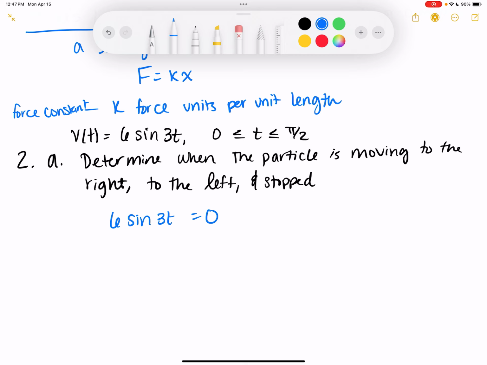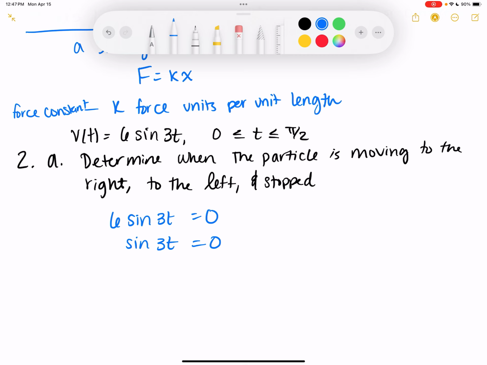So I'm going to say 6 sine of 3t is equal to 0. This means that the sine of 3t is equal to 0. Now, in general, not specific to this problem, where is sine 0? When the angle value is what? 90.